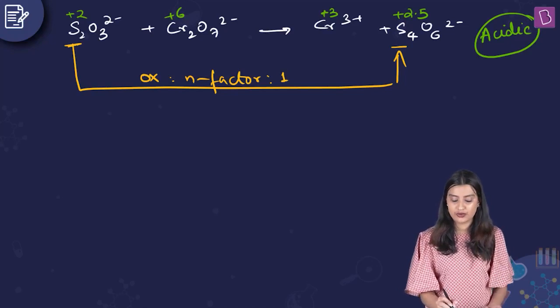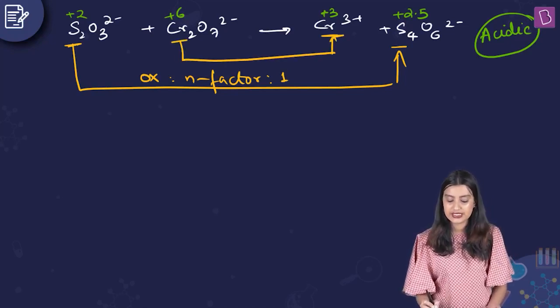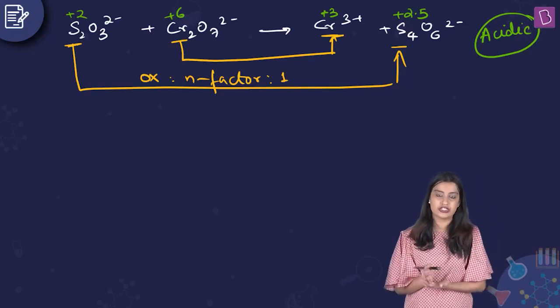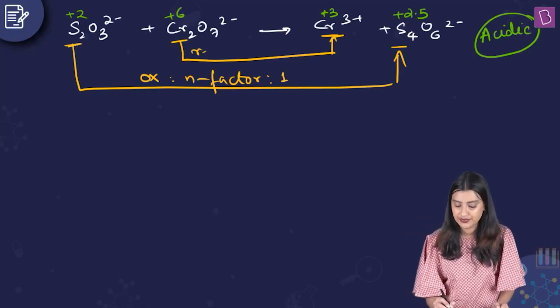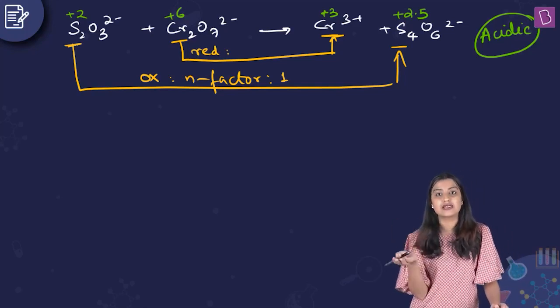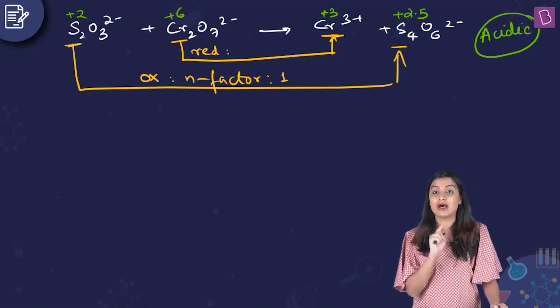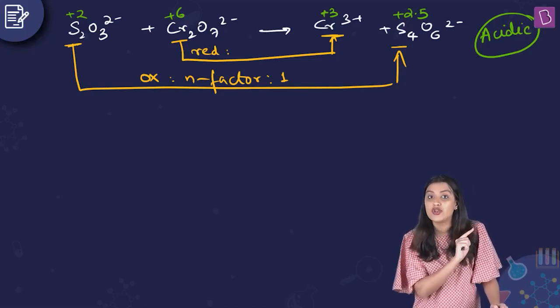Now when you come to the dichromate ion, here you have chromium in +6 oxidation state becoming chromium in +3 oxidation state. This is definitely reduction. And what is the change in oxidation state? So +3 minus +6 is going to be -3. Now we only care about the magnitude, not the sign.